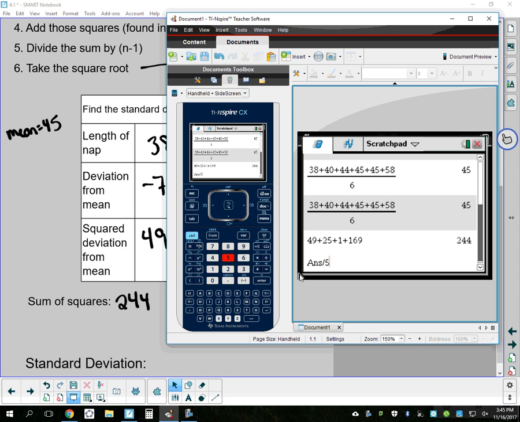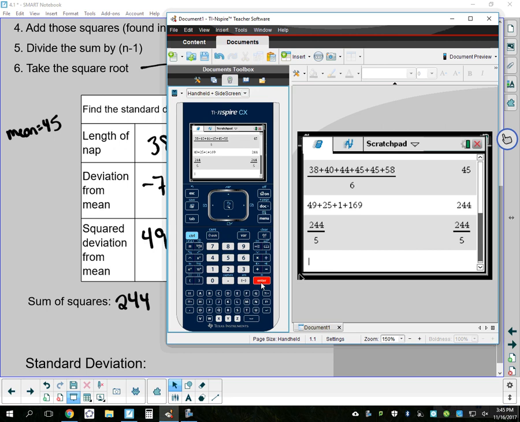You guys know this ANS, it just takes your last answer and does the problem with that. So our last answer, 244 divided by 5, gives you 244 over 5. Our calculator defaults to a fraction, but in this case, when we're working with standard deviation, we do want decimals. So there are 2 ways to do that. Let me show you the one first.